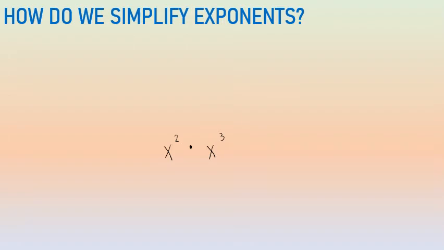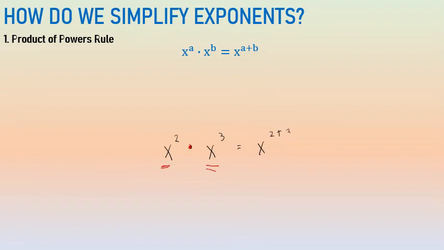Ayan. How do we simplify these exponents? Take note that we have here same bases. Okay? Same bases being multiplied with each other. And in doing so, kapag naka-encounter kayo ng ganito, what you have to do is to use the power or the product of powers rule. Wherein, if you have two same bases being multiplied with each other, what you have to do is just copy the base, then proceed with addition of the exponents.